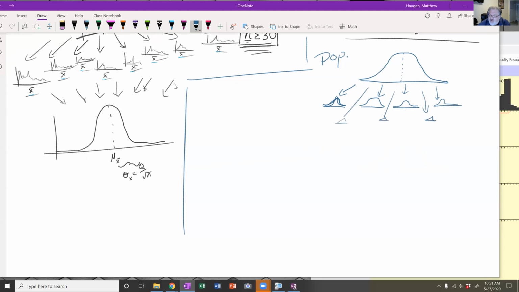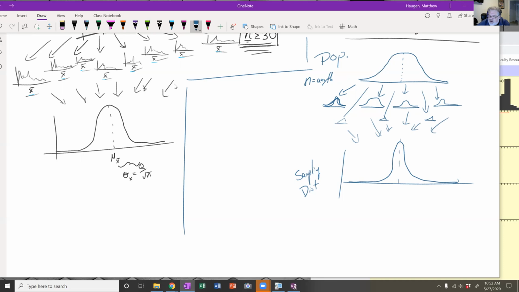But no matter what the sample size is, for n equals anything, your sampling distribution will be guaranteed to be normal when we collect all those averages.